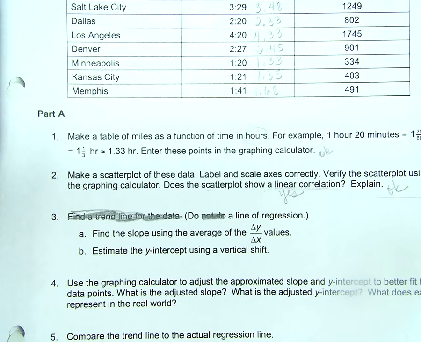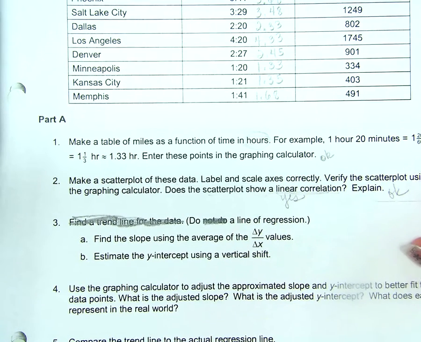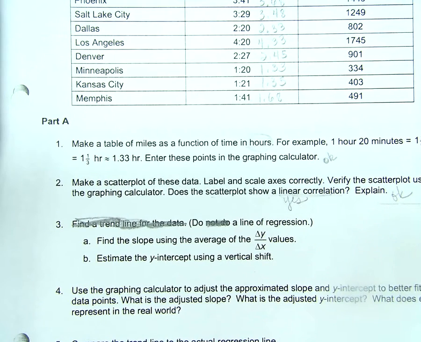I'm confident that if I gave you a piece of graph paper you could make me a scatter plot. We need to be able to go a little further today, so we're going to let the technology do that for us. Okay? So I need a line of regression. Do you know what a line of regression is? It's the calculator taking the data that we just found and actually finding the very, very, very best line of best fit. Very, very, very best trend line.